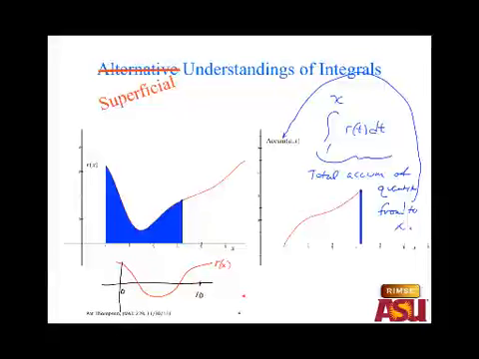So what's going to happen? We're talking now about the integral from 0 to 10 of r(t) dt. What does it mean for us? The accumulation from 0 to 10. So it's the total accumulation from 0 to 10.